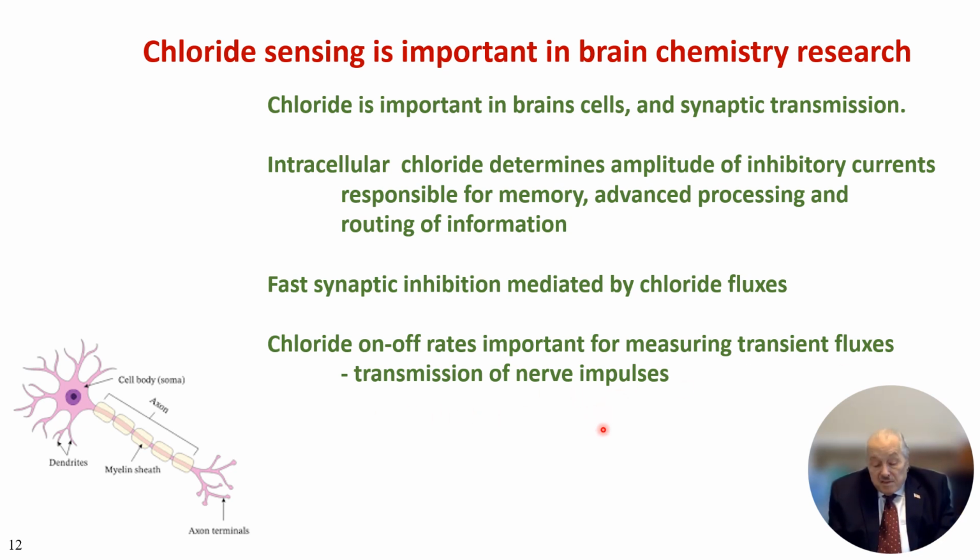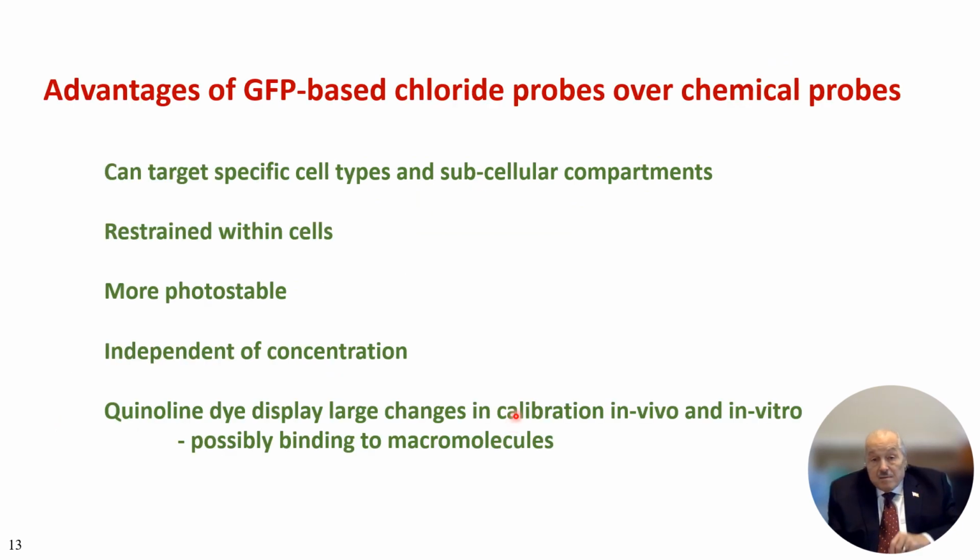That's not obvious at all with these probes, and for some of them, the exchange rates might be too slow to be used to follow nerve impulses. One of the uses is trying to watch changes in chloride concentration along the axon as the nerve impulse travels down the axon.